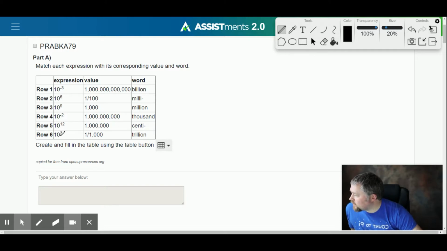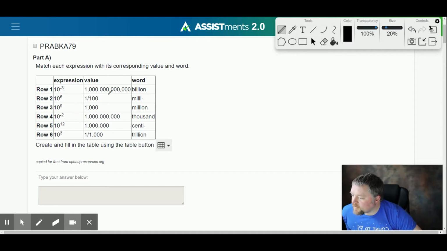10 to the 3, 10 times 10 times 10, is 1,000. 10 to the 6, 10 times 10 times 10 times 10 times 10 times 10, 6 times, is 6 zeros. 10 to the 9 is 9 zeros. 10 to the 12 is 12 zeros.